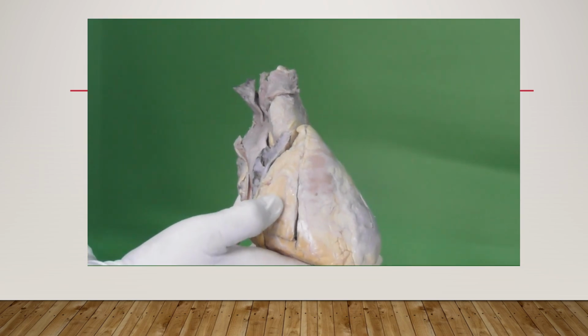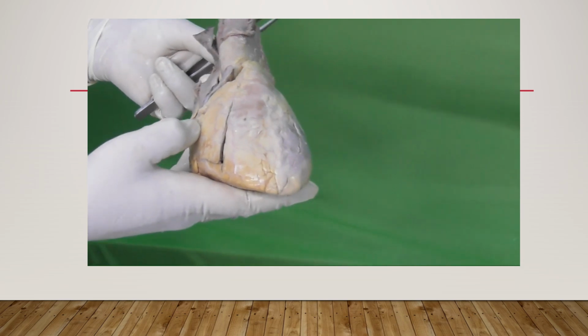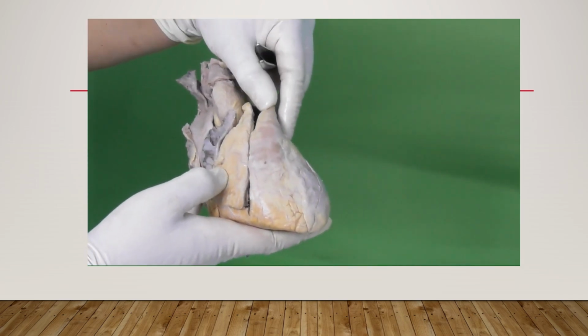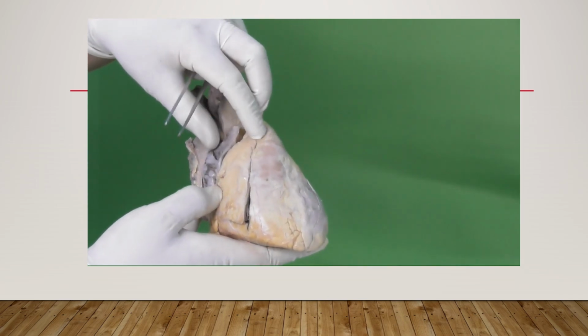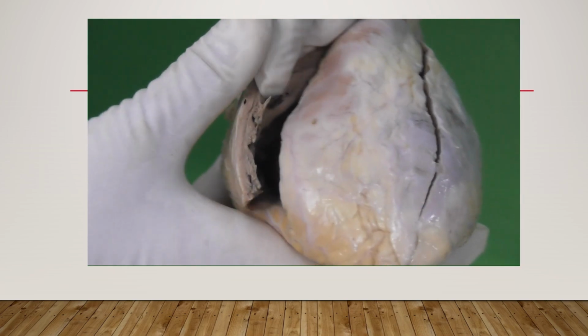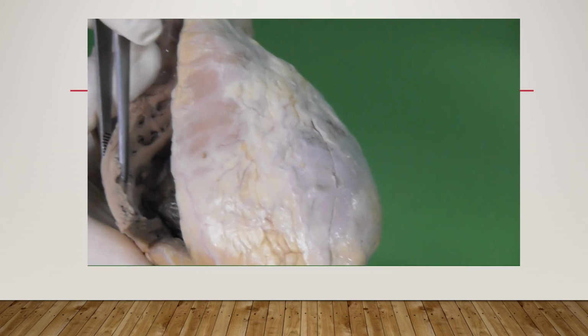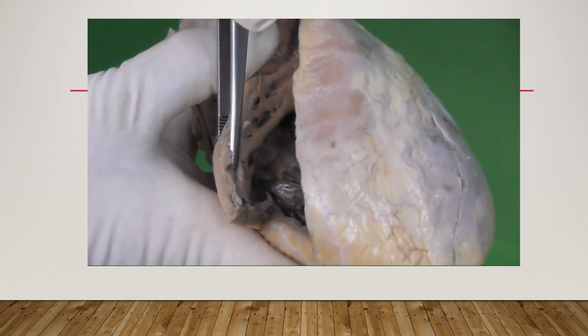Similarly, here we have cut open the ventricles. Now we all know that ventricles are mainly formed by cardiac muscle. The wall mainly consists of the myocardium. So after opening the right ventricle, here we can see the thickening of the wall of the right ventricle.